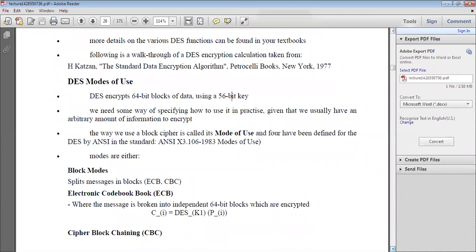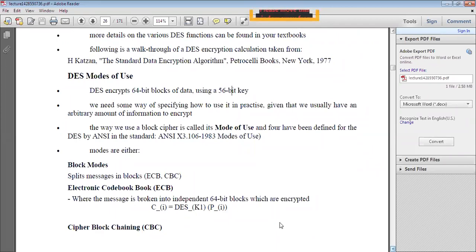In some cases, some algorithms can use the stream cipher modes. These two modes you use for converting the blocks: ECB and CBC, electronic codebook and cipher block chaining.